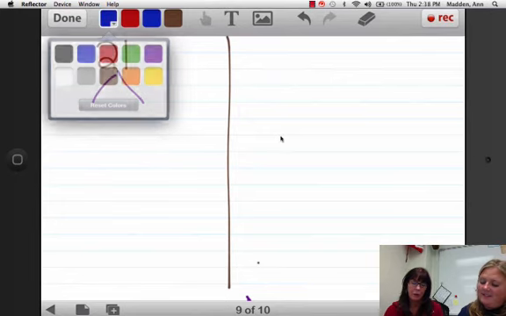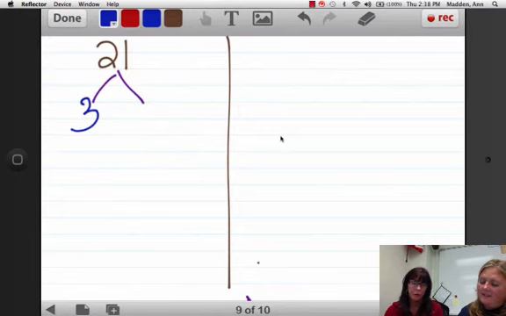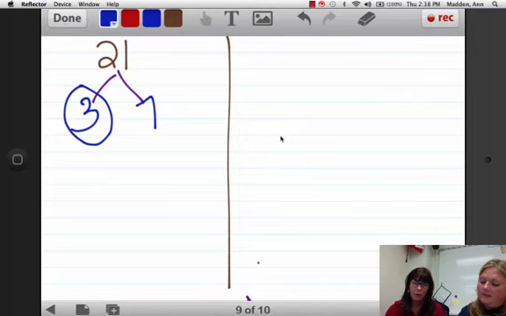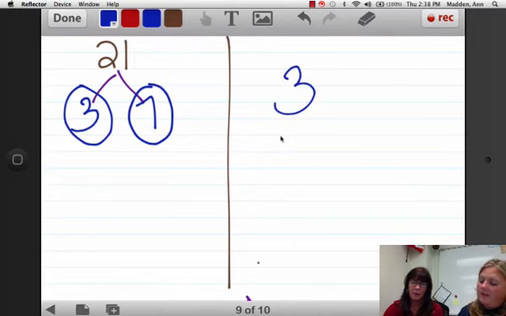I know 3 is a prime number because 1 times 3 are its only factors. And 7, I also know that's prime. 1 times 7 equals 7. So my prime factorization is 3 times 7. Now, I know that this is a composite number because it has more than 1 and itself as factors.